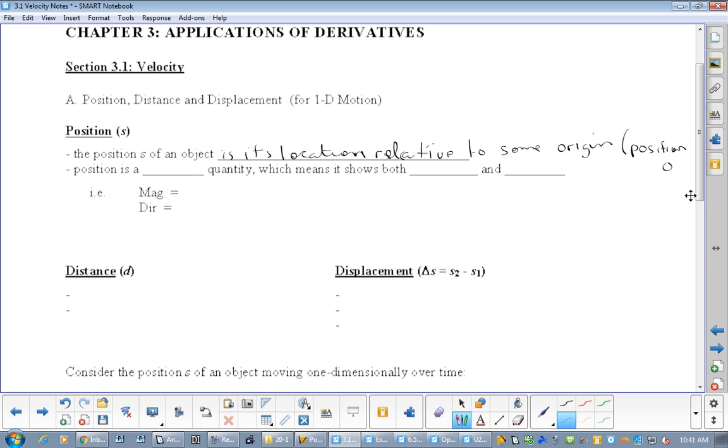Now, position is what we call a vector quantity, which means that it shows both magnitude and direction. When students first learn this, it becomes very, very hard for them, because they'll see something like -6 and not really understand what that negative means anymore, because it used to mean minus, right?